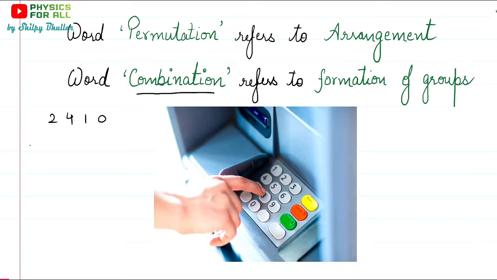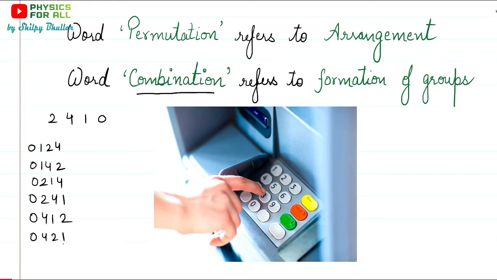Suppose he would start with 0, 1, 2, 4. Then he would say that this is also possible, right? And then if we do this, 0, 1, 4, 2, then 0, 2, 4, 1 is also possible. 0, 4, 1, 2 and 0, 4, 2, 1 are also possible because he doesn't know the pin.